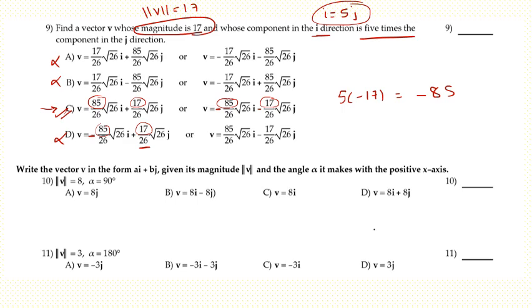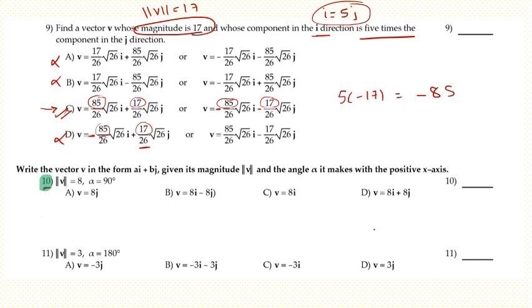Question number 10. This is a good one. Magnitude of V is equal to 8 and the angle is equal to 90. Find the form ai plus bj.